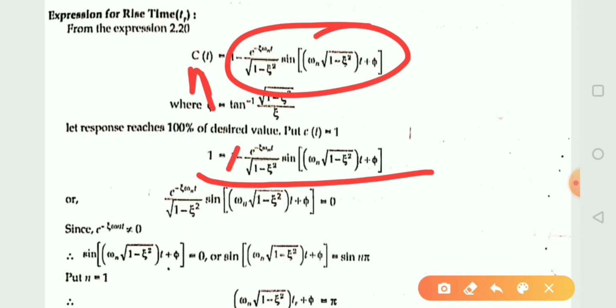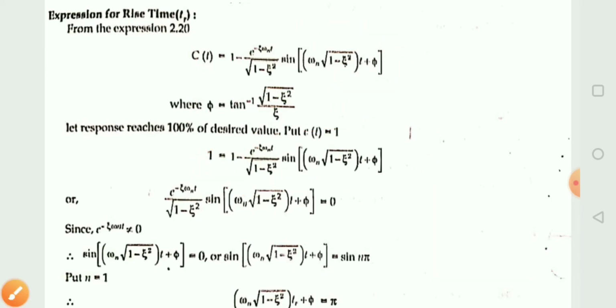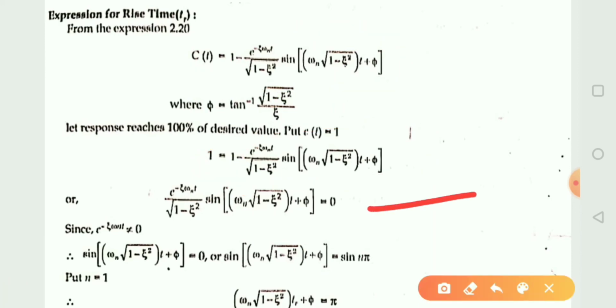Now the 1 cancels, and this term is equivalent to 0. This is e to the power minus zeta omega n t over under root of 1 minus zeta square into sin(omega n under root of 1 minus zeta square into t plus phi) equal to 0.